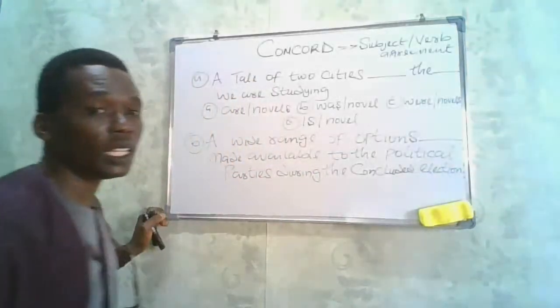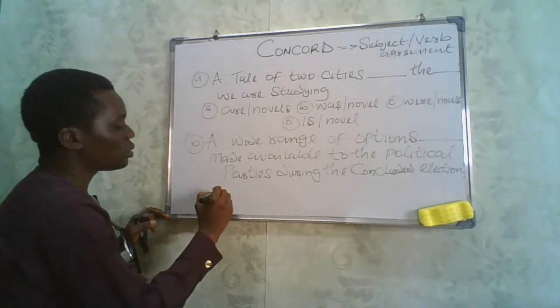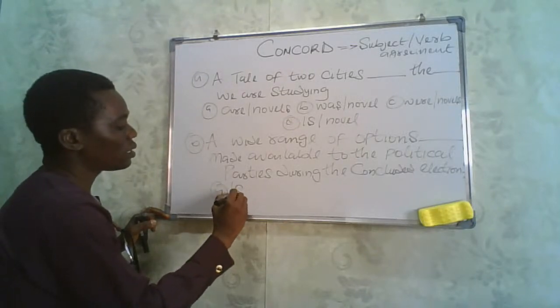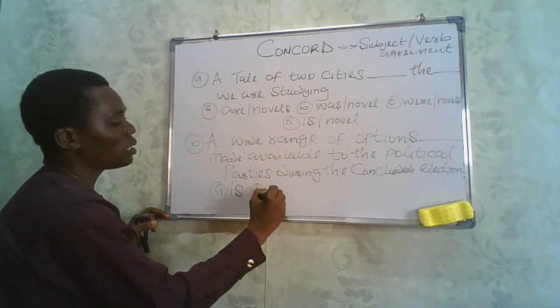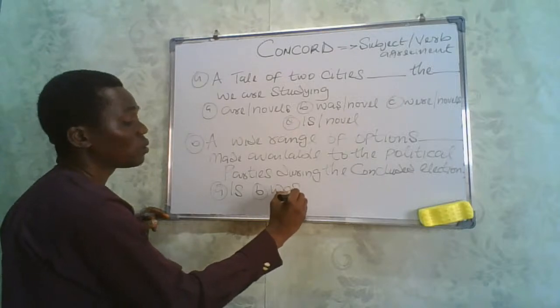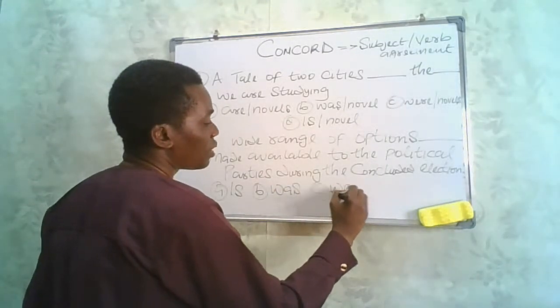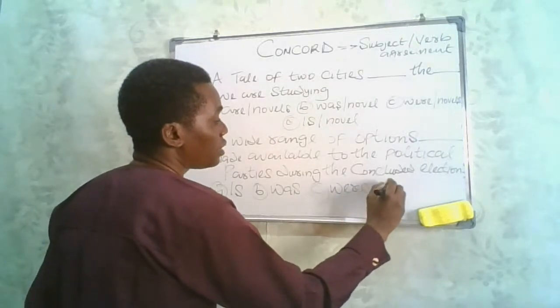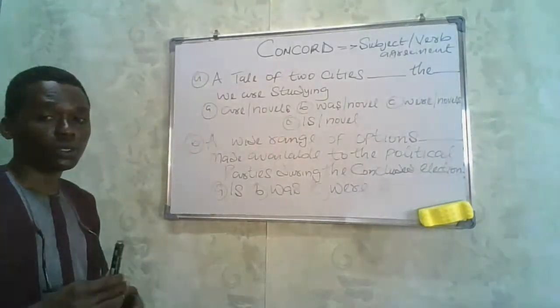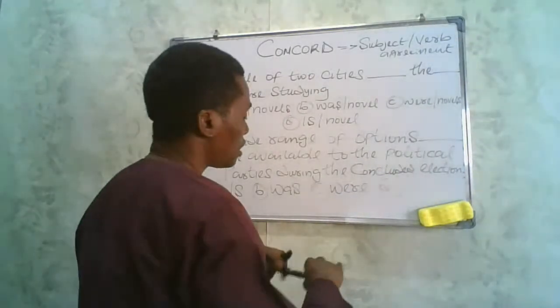So you're asked to fill in the gap. The options are: A, is? B, was? C, were? And D, the final option, are?